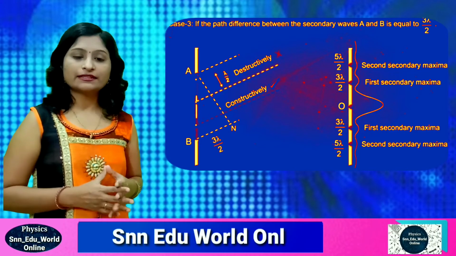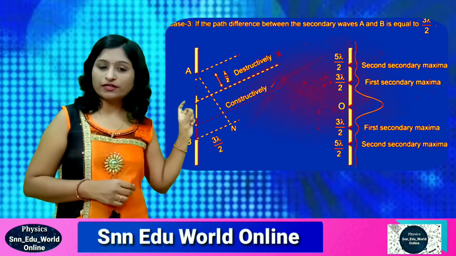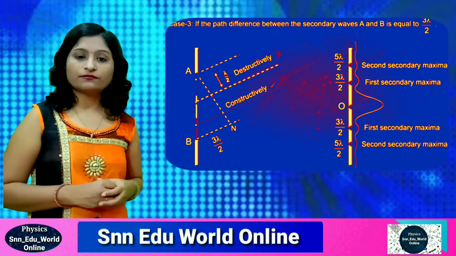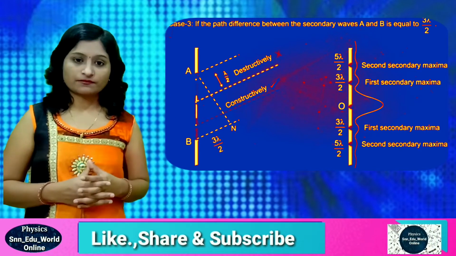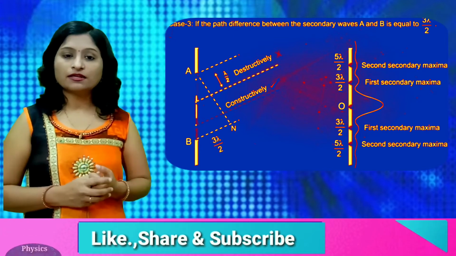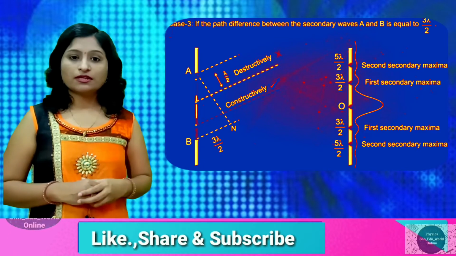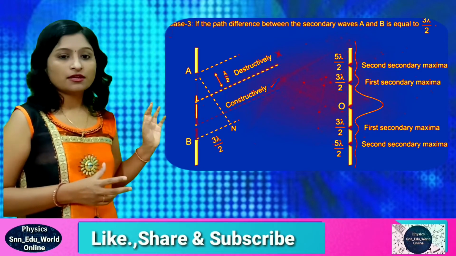So here we are getting 3 lambda by 2. Now in this case, the first two waves interfere, or this will produce the destructive diffraction. Means here we will get the dark fringe, and the lower side, they overlap constructively. So here we get the bright fringe.